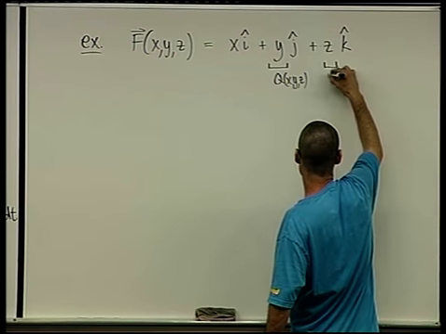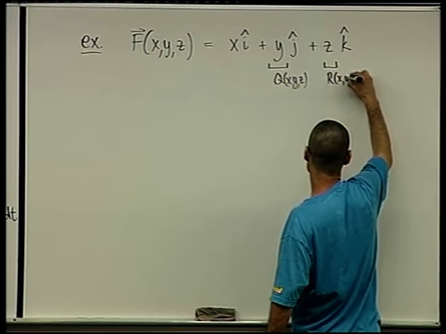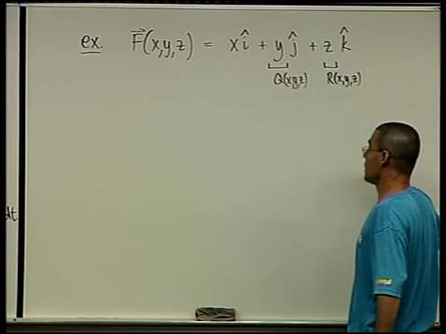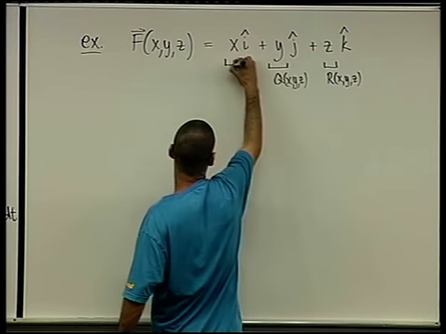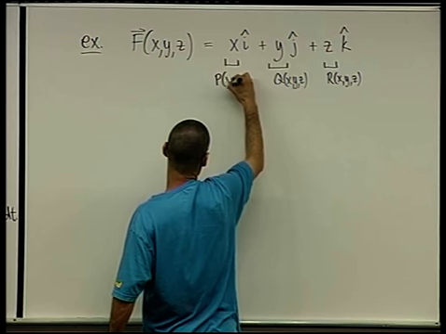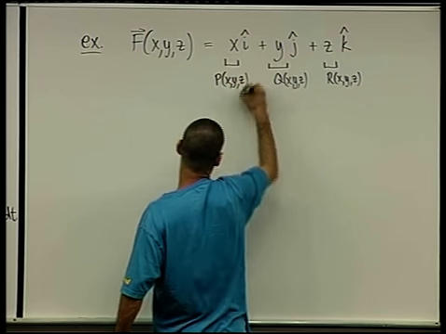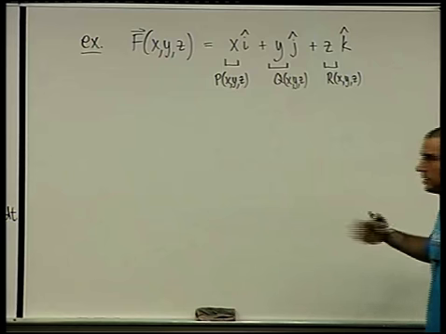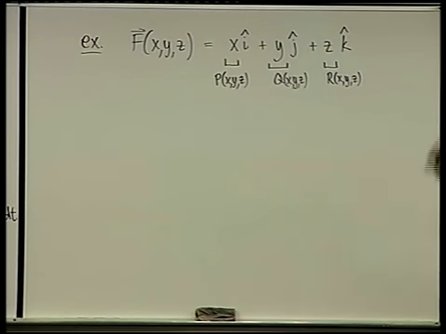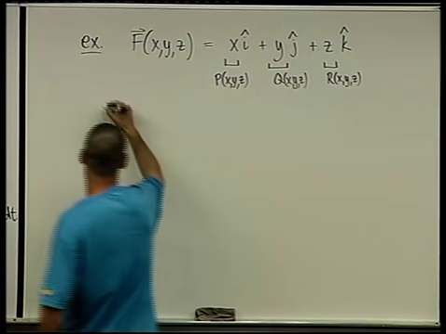And this is r of x, y, z. Again, I'm doing straight away an example with 3 variables, although everything we wrote was for 2, because it's easier to write for 2, but it's exactly the same thing for 3. Do you agree that this is a field? Okay? And gamma is going to be the helix.